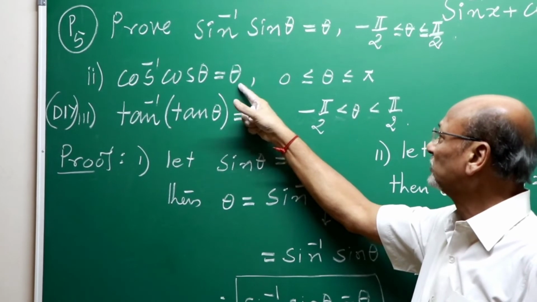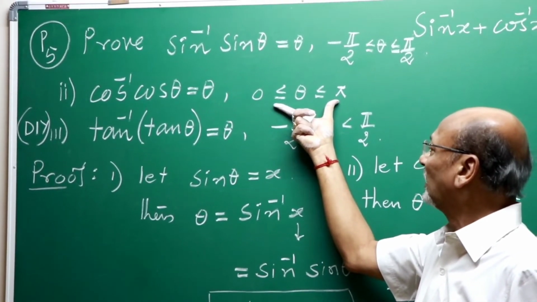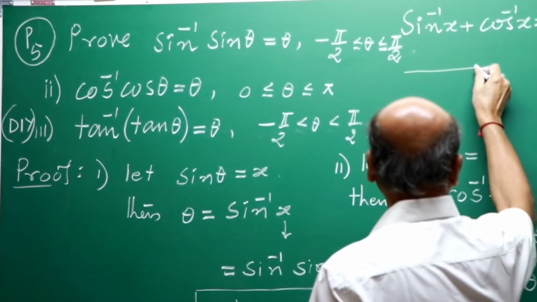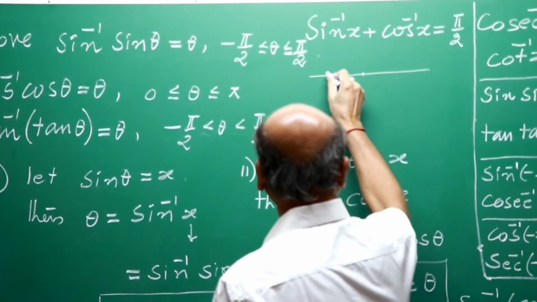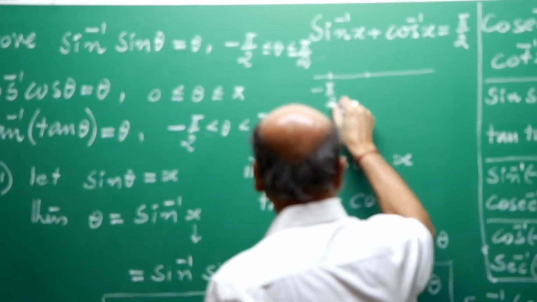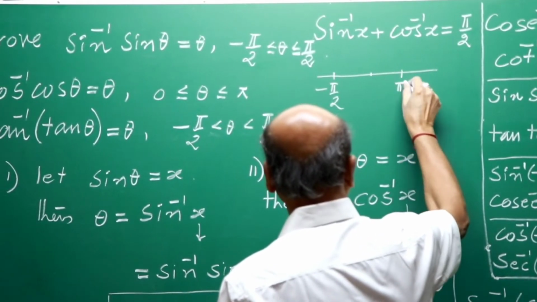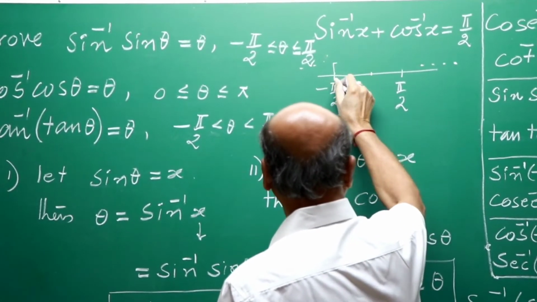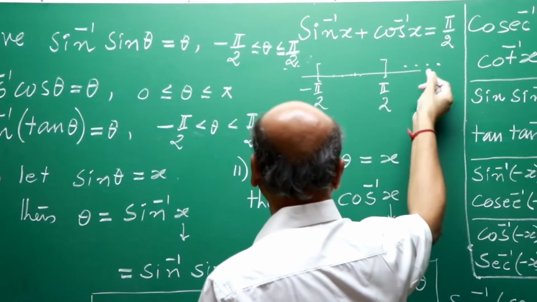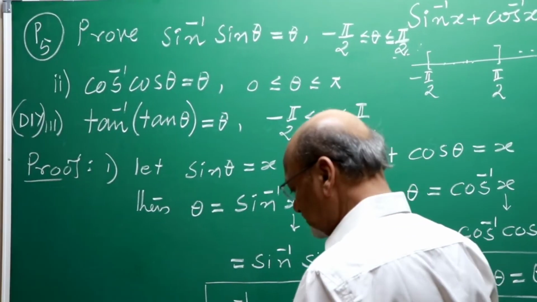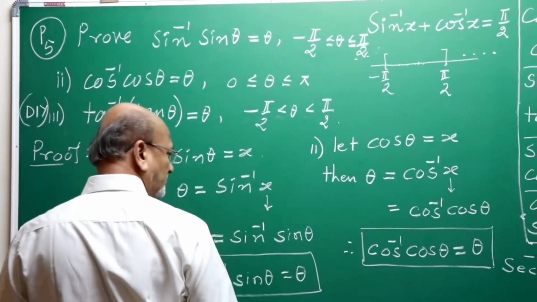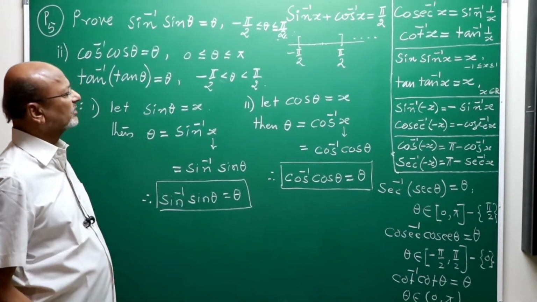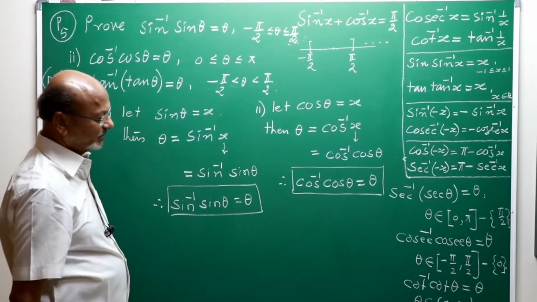And for cos, when the angle lies between 0 and pi. My friends, you can make use of this property only where theta is between minus pi by 2 and plus pi by 2. Not elsewhere. You can make use of it only in this closed interval. In the remaining, you can't use this property. Similarly, for the second, third, even to the last, the range is given only in that interval. In that condition, we can make use of this property.